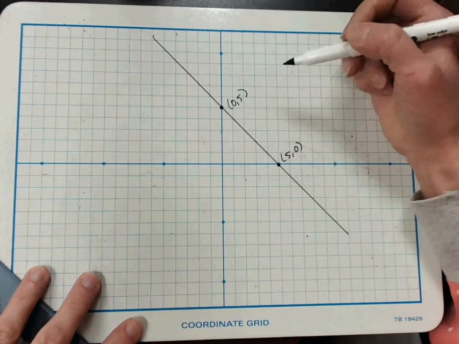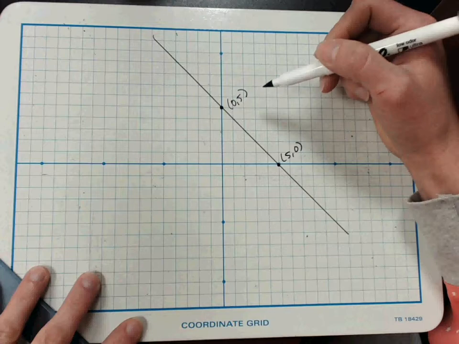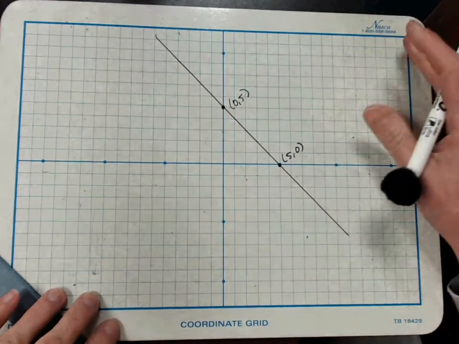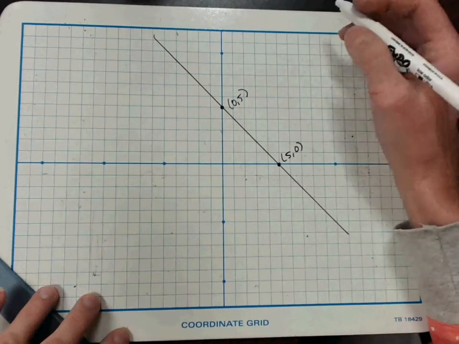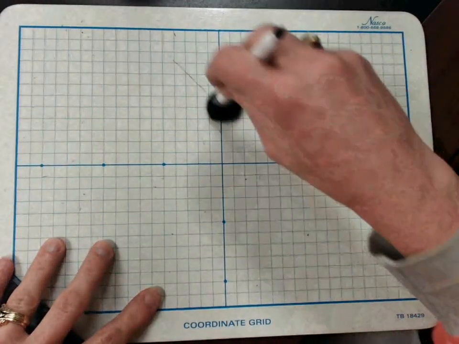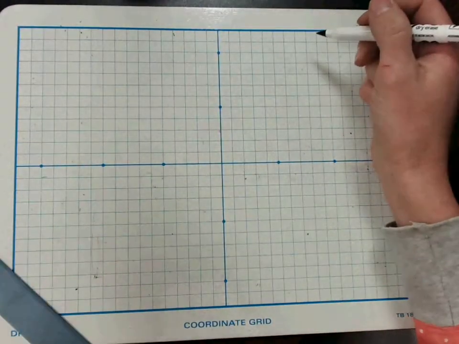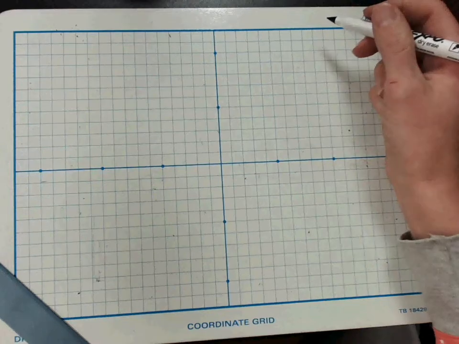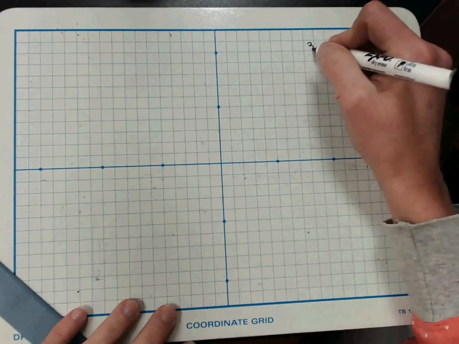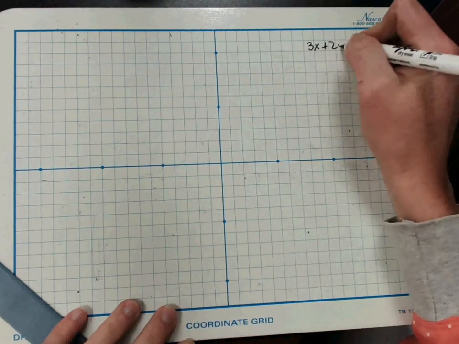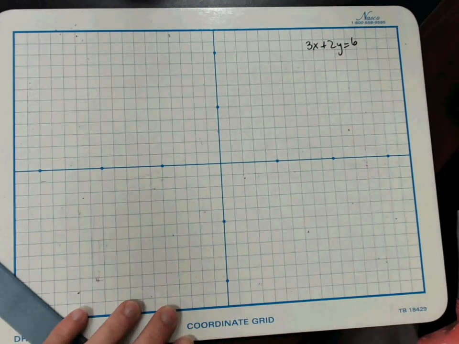Now let's talk about how I'd actually find out what these x and y-intercepts are from an equation. So typically we use these if, let me erase this, if we've got an equation in standard form. So say I've got the equation 3x plus 2y equals 6. We'll do that one.